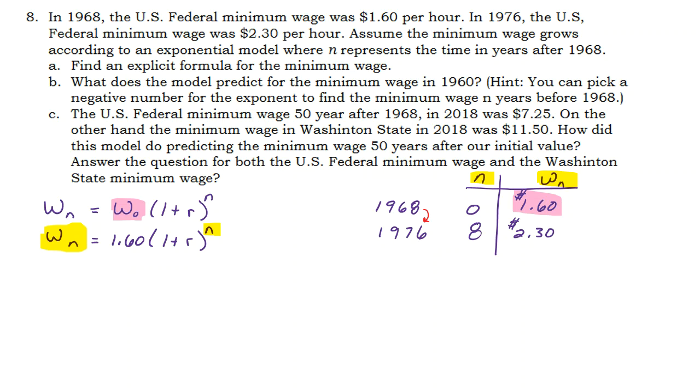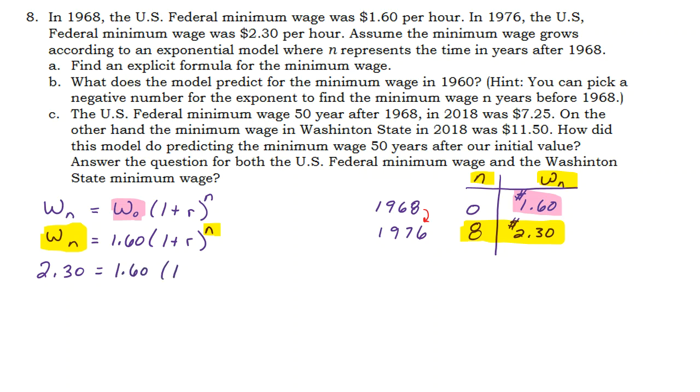What we're going to do is take some particular data point that we know. In this case, we know after 8 years that the wage is $2.30. We're going to plug that in for n and W sub n so that we can solve for R, because we have to figure out what this growth rate is.